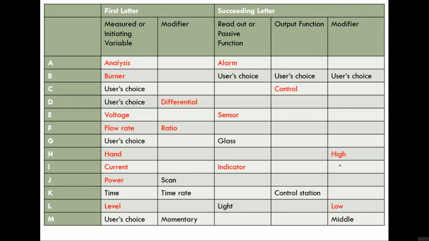If H is used as a modifier for the succeeding letter, then that is high. If L is used as a modifier for the succeeding letter, then that is low. So please note these 2 variables. This is very important. H for high and L for low.